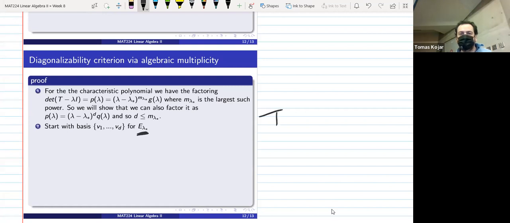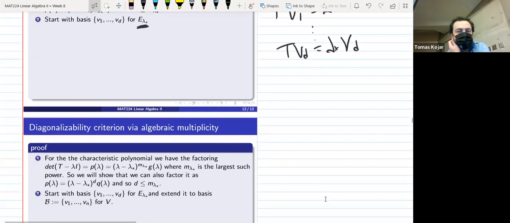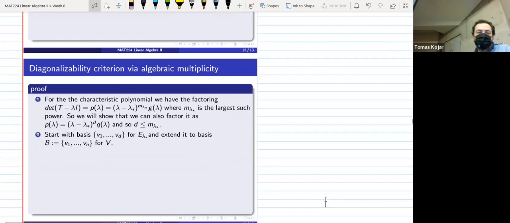So T V1 is lambda star V1, up to T VD is lambda star VD. You use the augmentation lemma to get a full basis for V. Okay, so you have V1 through VD, and then you add other stuff that are not necessarily eigenvectors.